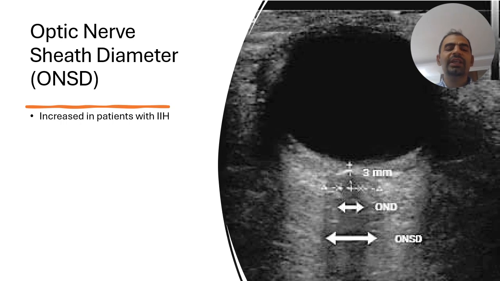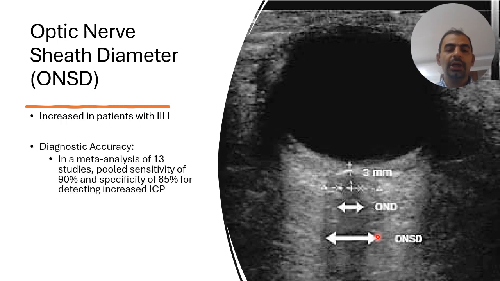There is now strong evidence that the optic nerve sheath diameter, which is represented by this part, is increased in patients with papilledema secondary to idiopathic intracranial hypertension. In a meta-analysis of 13 studies, a pooled sensitivity of 90% and specificity of 85% were found for detecting increased intracranial pressure with increased optic nerve sheath diameter.